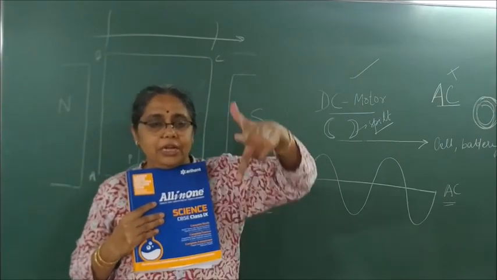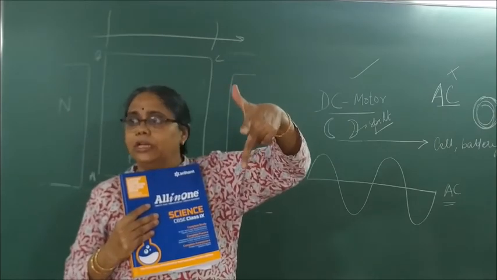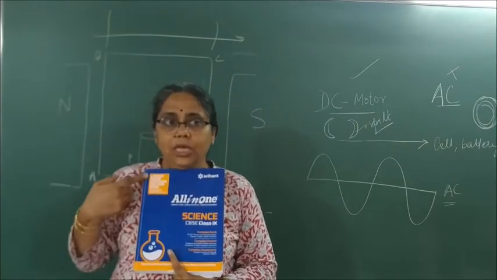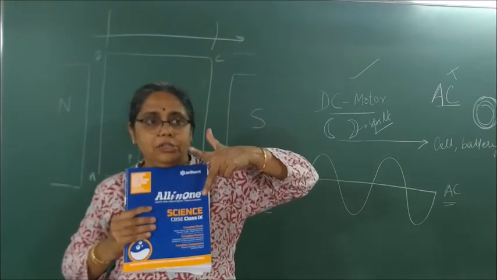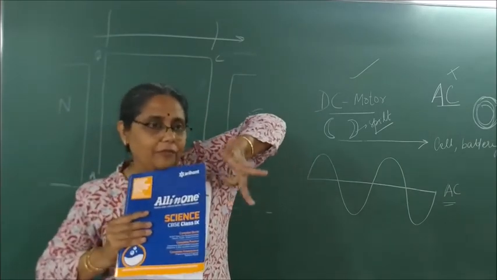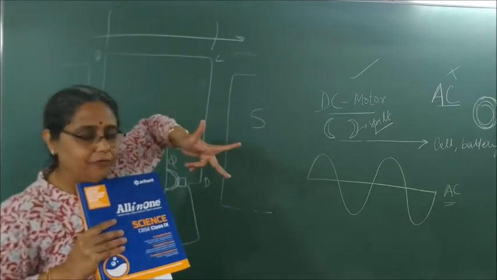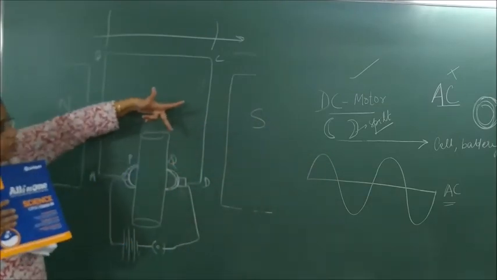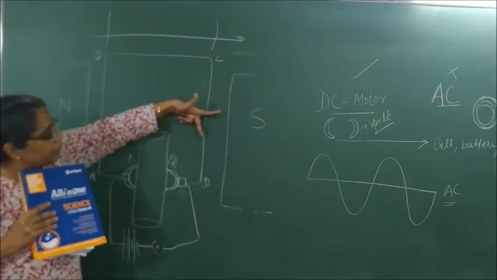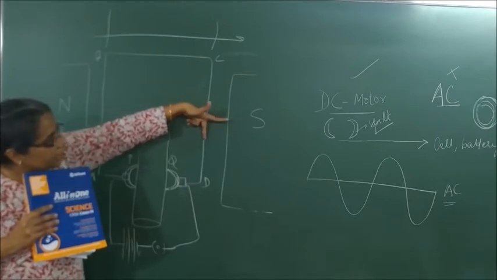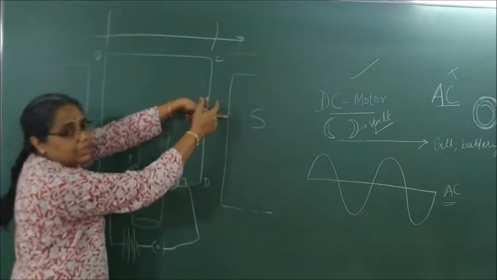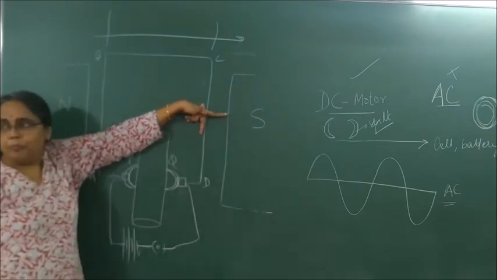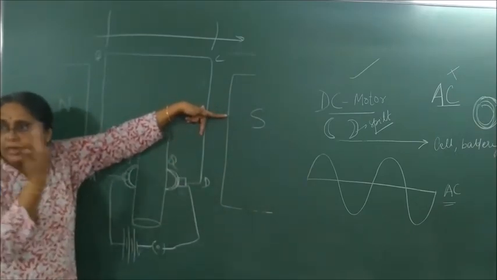How do we study Fleming's left hand rule? Here the current is going down, here the current is going up, here the current is going down. So where the current is going down and the magnetic field is like this, where is my magnetic force acting, or movement of the conductor?